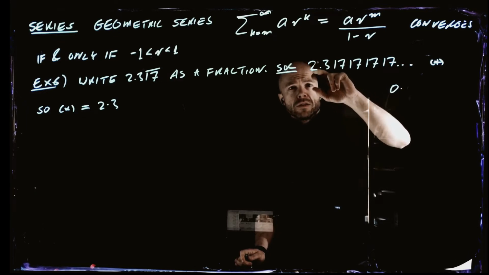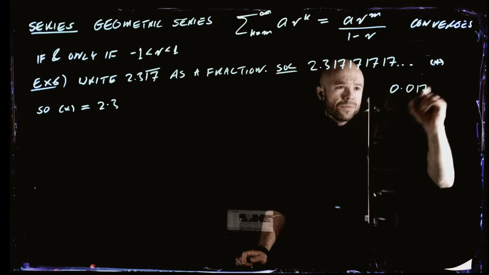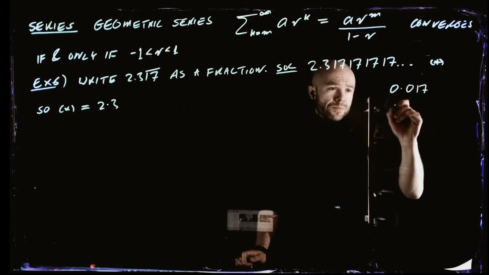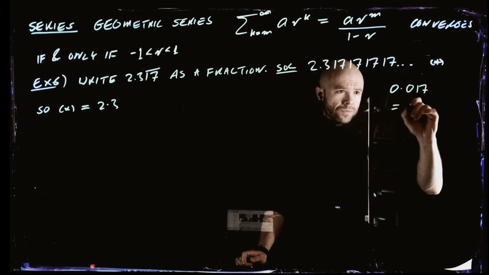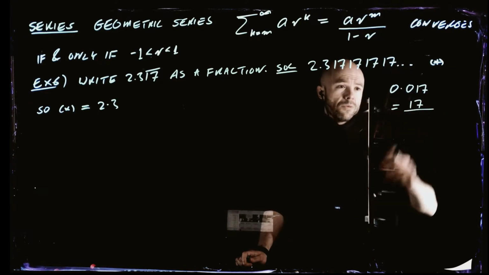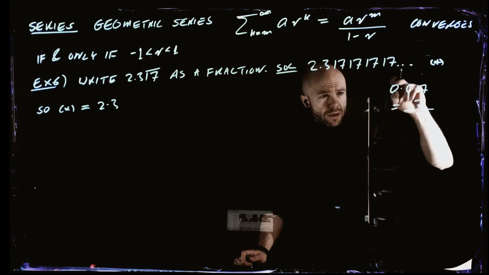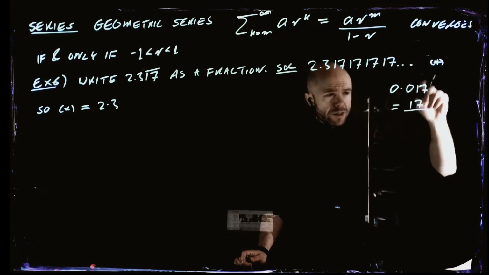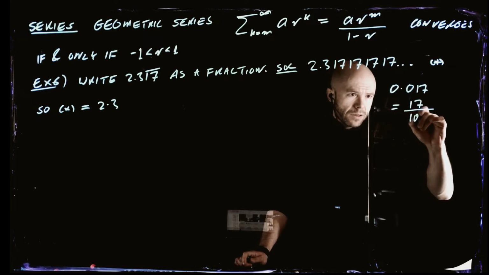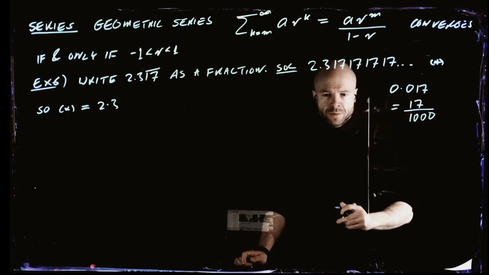Did I say that wrong? It's 0.017. What is this? If we divide 17 by 10, we'll have 1.7. If we divide it by 100, we'll have 0.17. So we have to divide it by 1,000 to get this. Do you see what I mean?